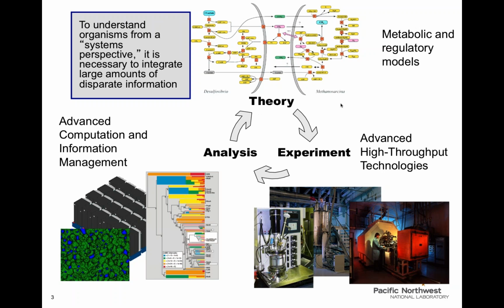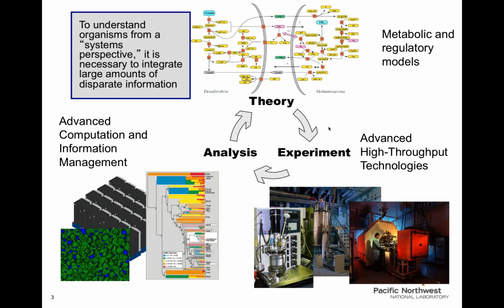These technologies, like gene sequencing, proteomics, metabolomics, generate an enormous amount of data that we then have to analyze, which then goes back to the theory. So in essence, what we're faced with now is the challenge of taking a large amount of data and integrating it in some coherent way.